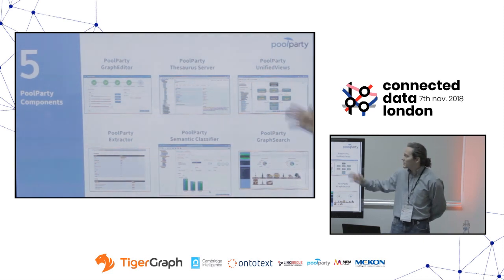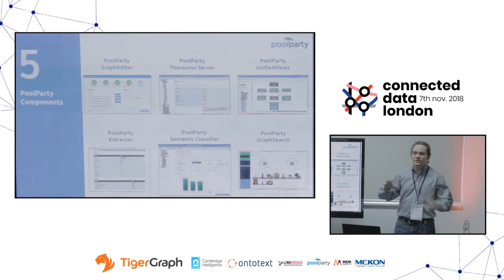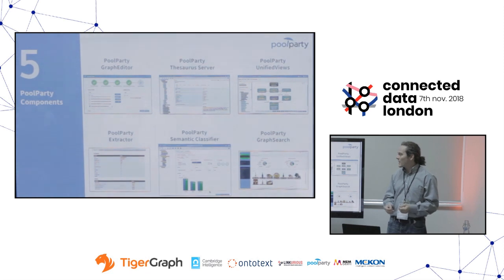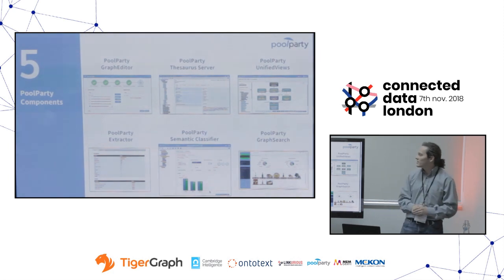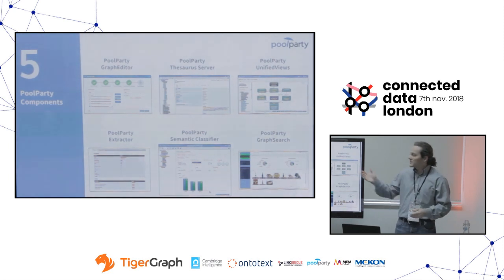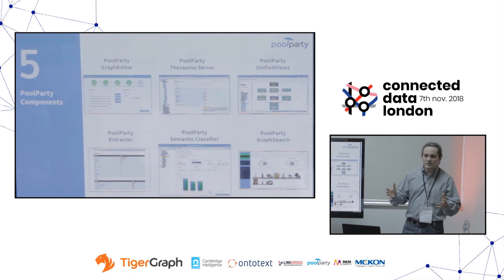First, the graph editor is a general ontology-based editing tool where you can do filtered search and bulk operations on RDF data. The Thesaurus server, which is based on SKOS, enriched with ontology information for general data modeling based on the knowledge organization system.